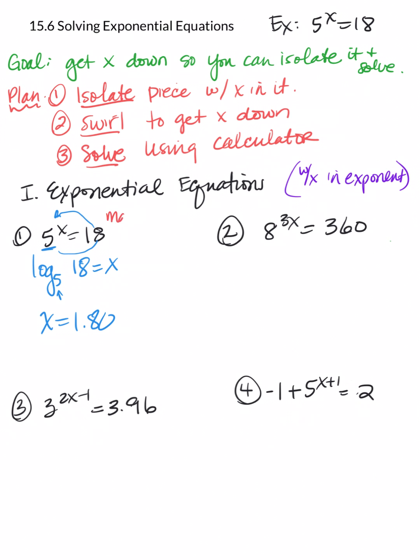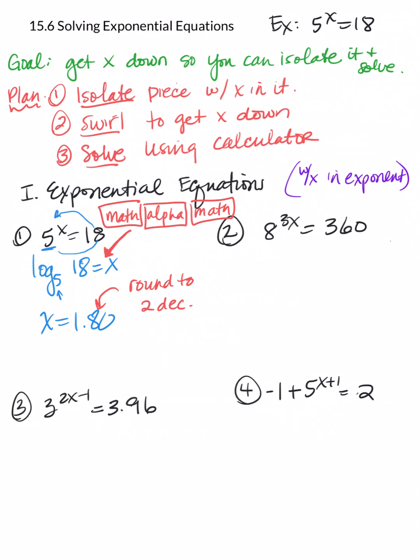You're going to hit the math button, the alpha button, and then math again. There's 3 buttons to hit, and then you're going to enter the logarithm as we found it when we swirled it out of the exponent. And remember, we're going to round to 2 decimals.